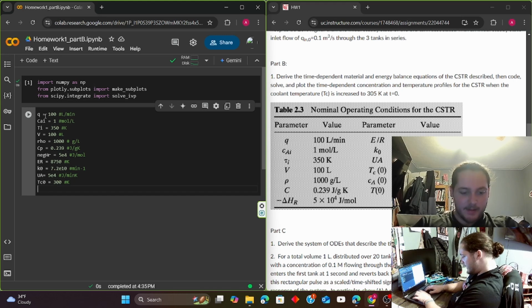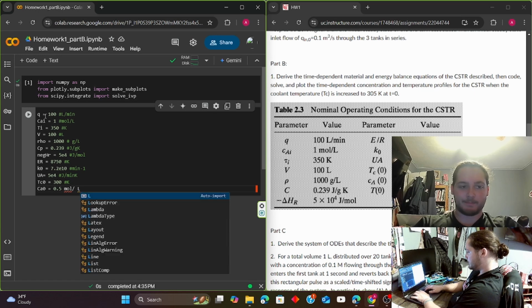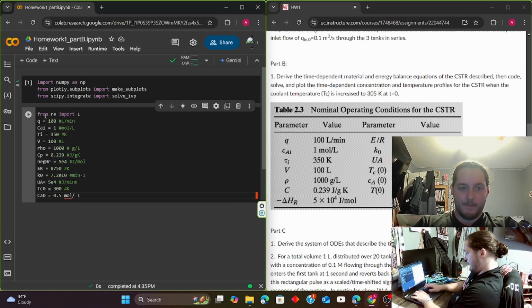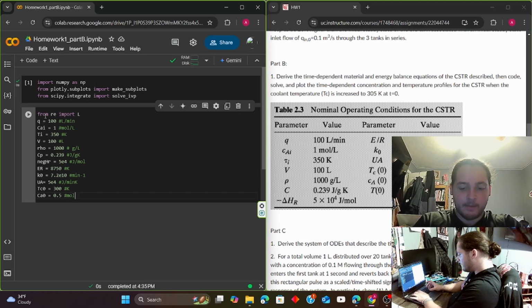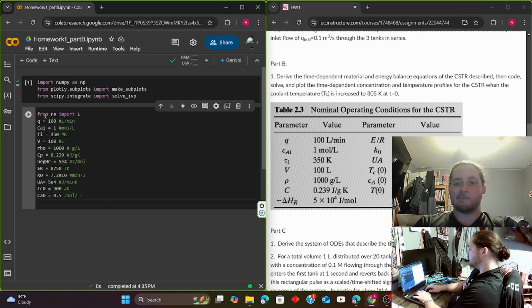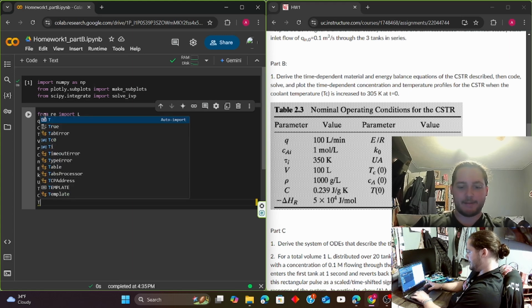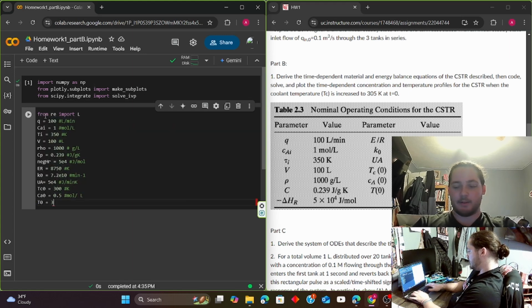And then Ca naught is equal to 0.5 mole per liter. And then lastly, we have our T naught is equal to 350 Kelvin.